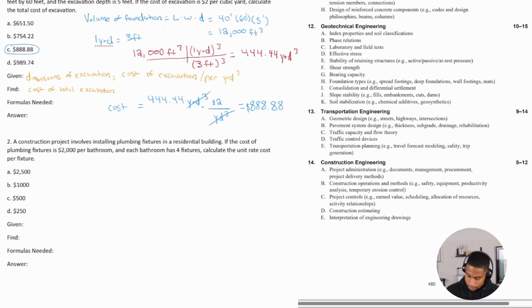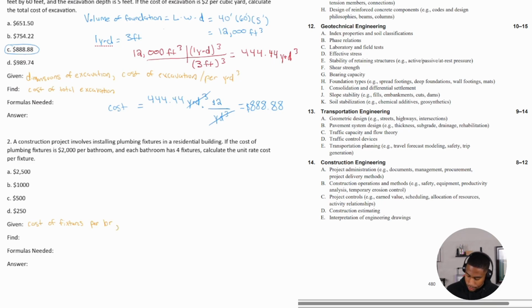So what are we given? We are given the cost of plumbing fixtures per bathroom. So, cost of fixtures per BR, say for bathroom.